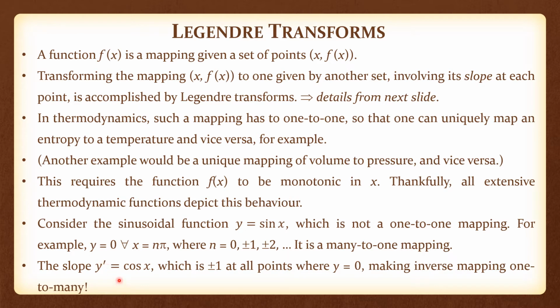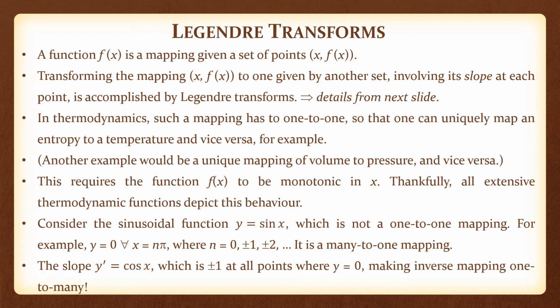Therefore, the inverse mapping becomes one value, plus 1, to many values of x: 0, 2 pi, 4 pi, 6 pi, 8 pi. So when the function you choose is not monotonic, the Legendre transformation and inverse Legendre transformation do not fully preserve the information contained in the function itself.